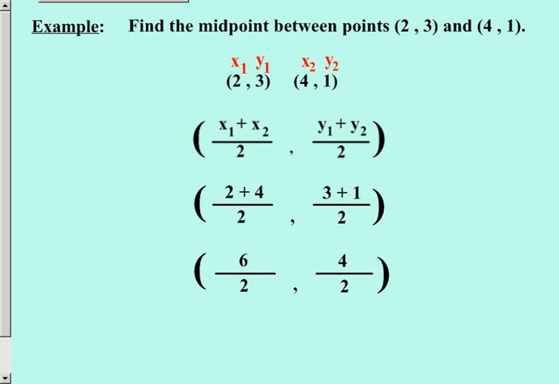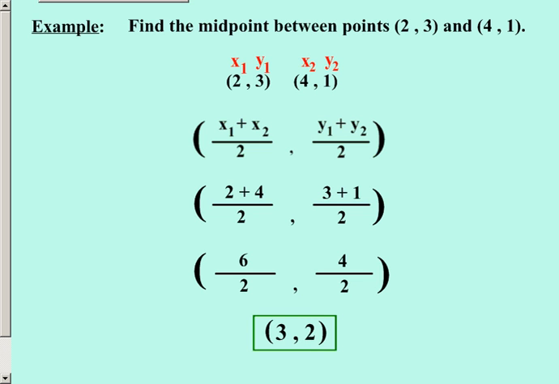Once you have simplified the little binomial that was in the numerator, now you can divide by your denominator, and that should lead us to our midpoint. On the left side, we have 6 divided by 2, which is 3, and on the right side, we have 4 divided by 2, which is 2. The midpoint between the 2 points that were given lives at (3, 2).